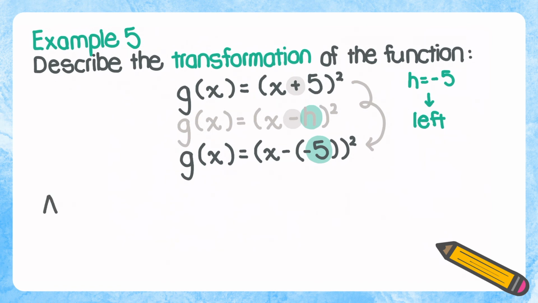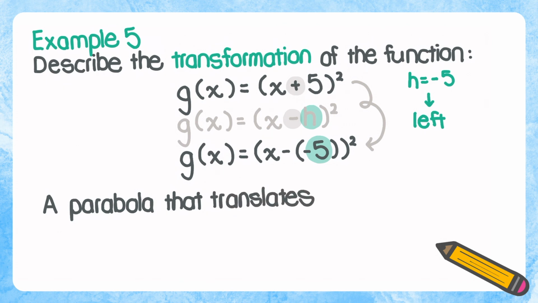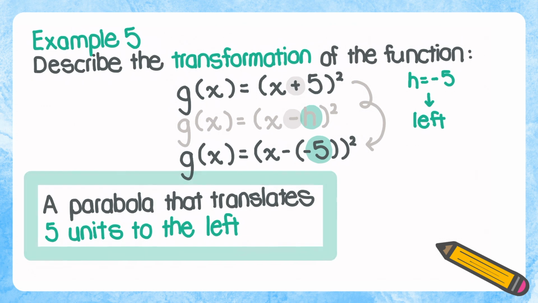We have a parabola that translates five units to the left because h equals negative 5. So I have a parabola that translates 5 units to the left.